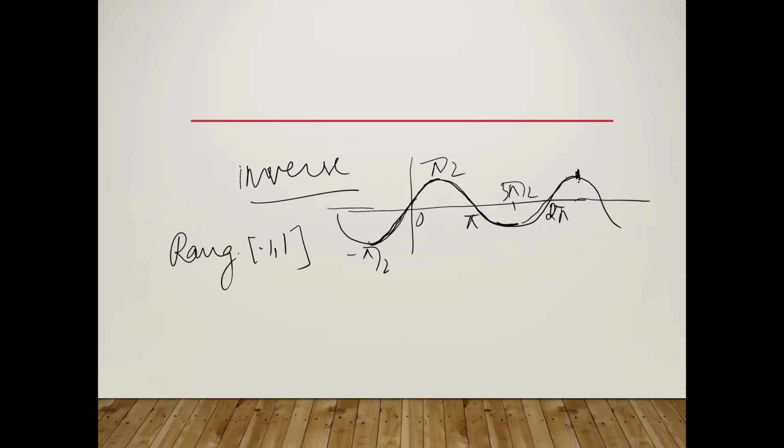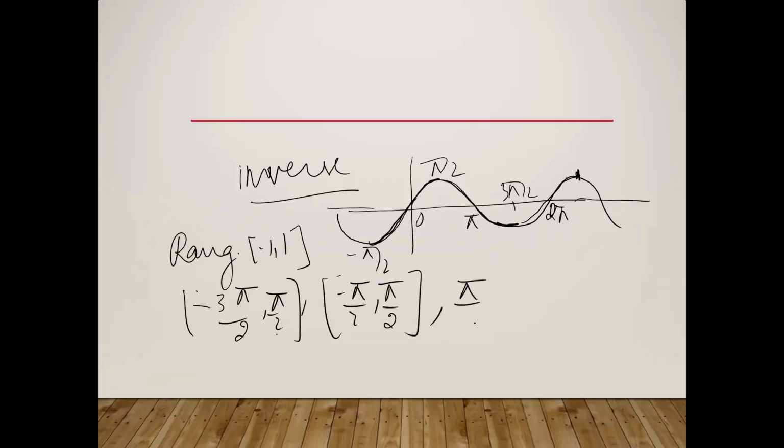So we have many restrictions here. The sine function can be restricted to many intervals like minus 3 pi by 2 to minus pi by 2, as I just discussed. Then we have minus pi by 2 to pi by 2 also. Then we have pi by 2 to 3 pi by 2, and so on.